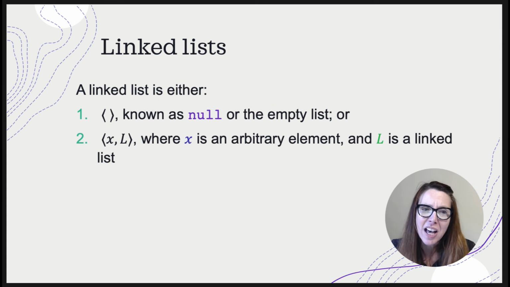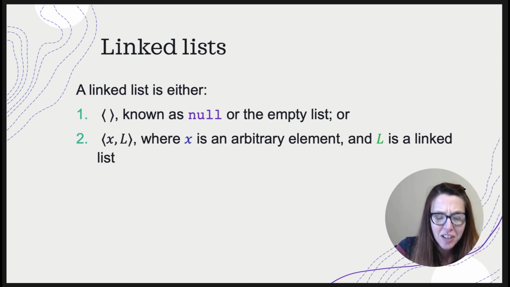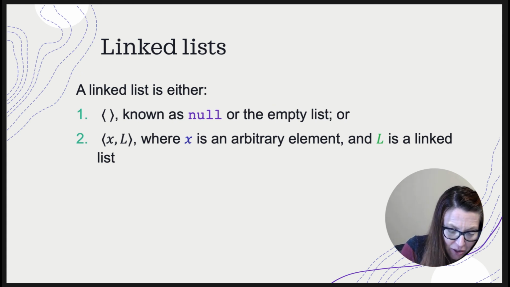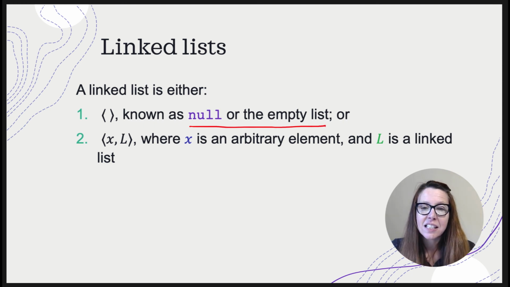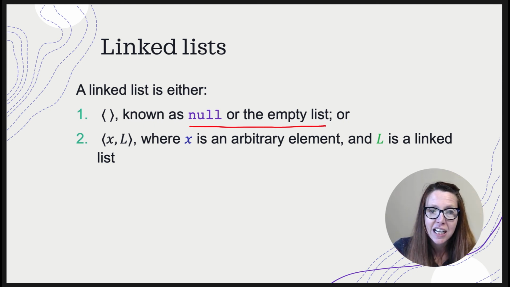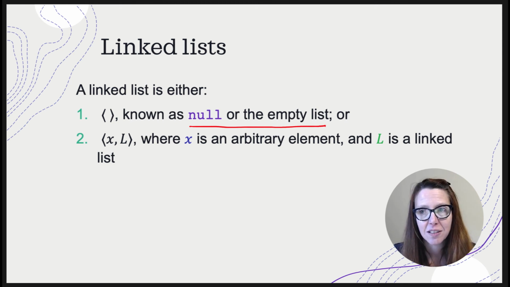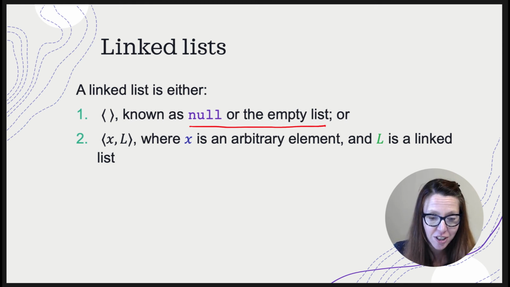So a linked list is either empty, known as null or the empty list, or it's something that holds a bit of data and another linked list. So this idea of a pointer, it's actually pointing to another linked list, which is what follows it. And that is a recursive definition. And this is a recursive structure.